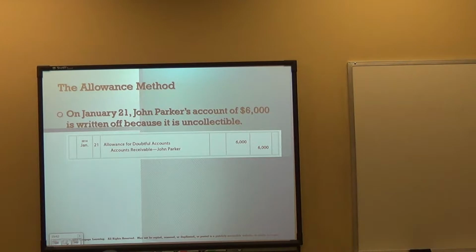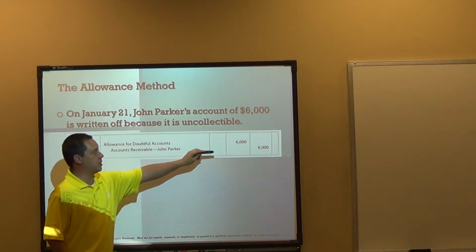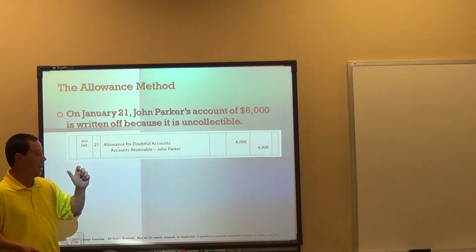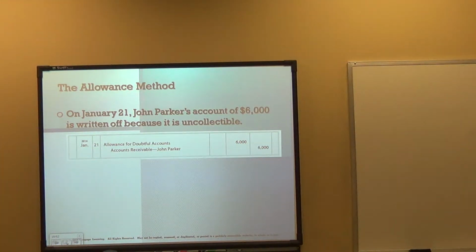In here, this John Parker account is written off because it's uncollectible. Basically what we do is debit allowance for doubtful accounts because we're taking away from it, so we've used a portion of that. We had 30,000 of it. If I now debit that, and that's a credit balance, now I have 24,000 of it, right?